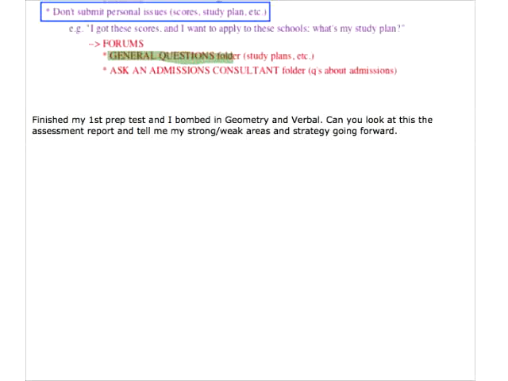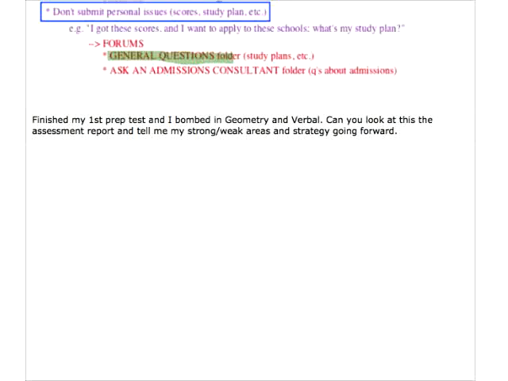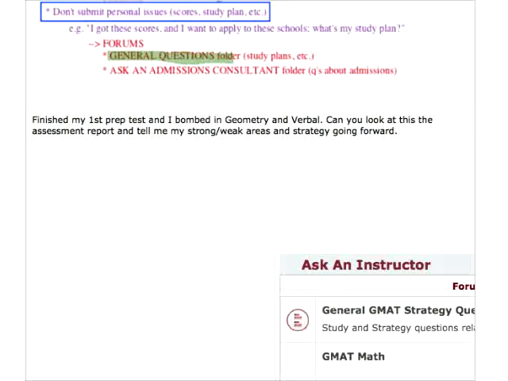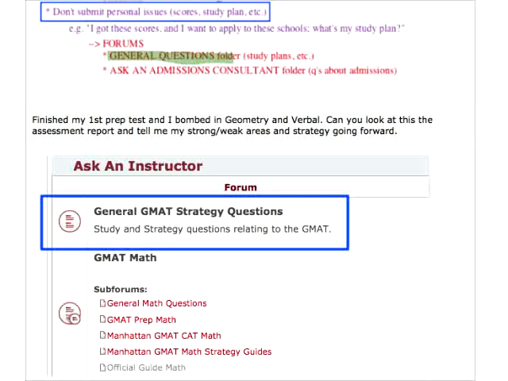So this is where you should post these things. It's the wrong graphic. Okay, you should post them here. General GMAT strategy questions. So when we say the general folder, this is what we mean. Study plan questions go here.